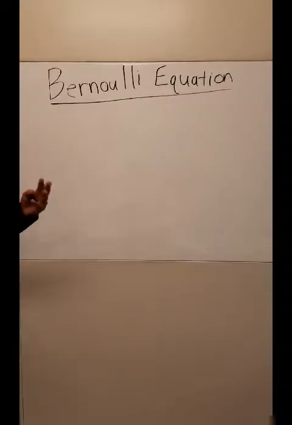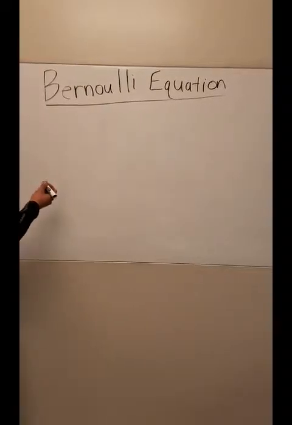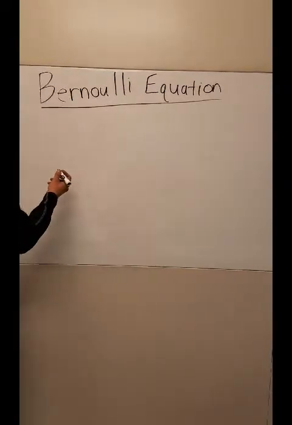So the top side of the wing versus the bottom side of the wing will create a lift, as we'll talk about later. But Bernoulli's equation is essentially the energy per unit volume before is equal to the energy per unit volume after.